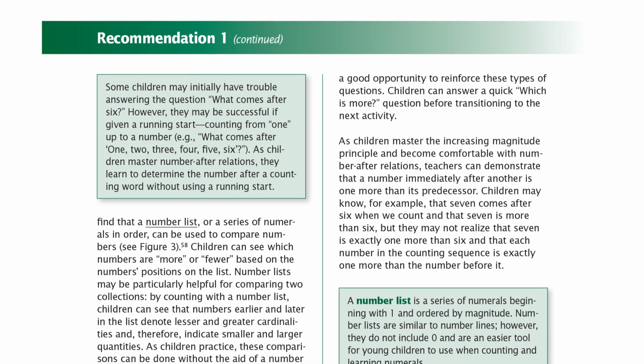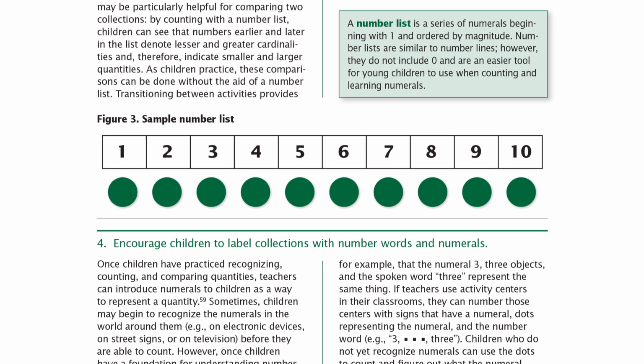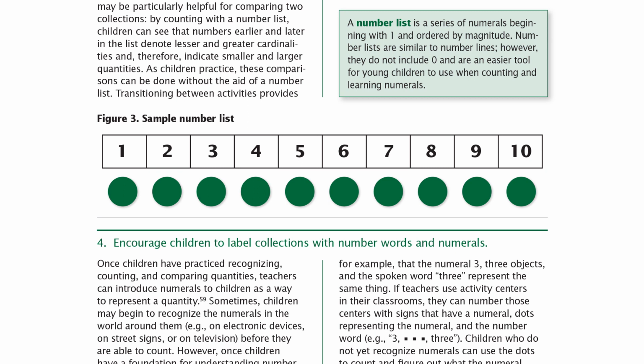Children can also mentally compare neighboring number words in a number list. Children can see which numbers are more or fewer based on the positions of the numbers on the list. A number list helps children see that numbers earlier and later in the list represent smaller and larger collections.